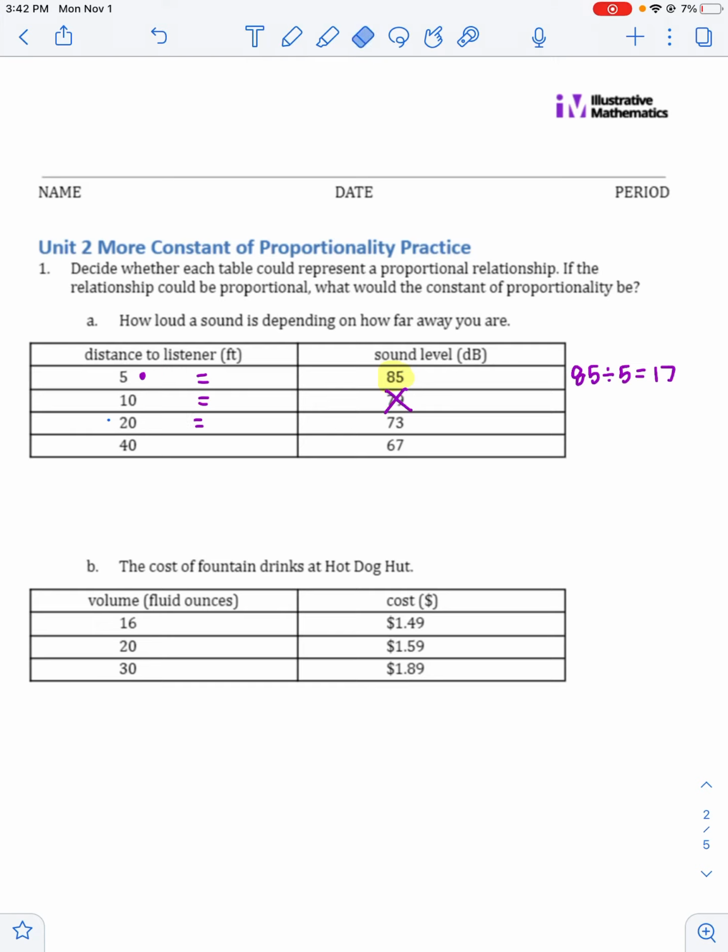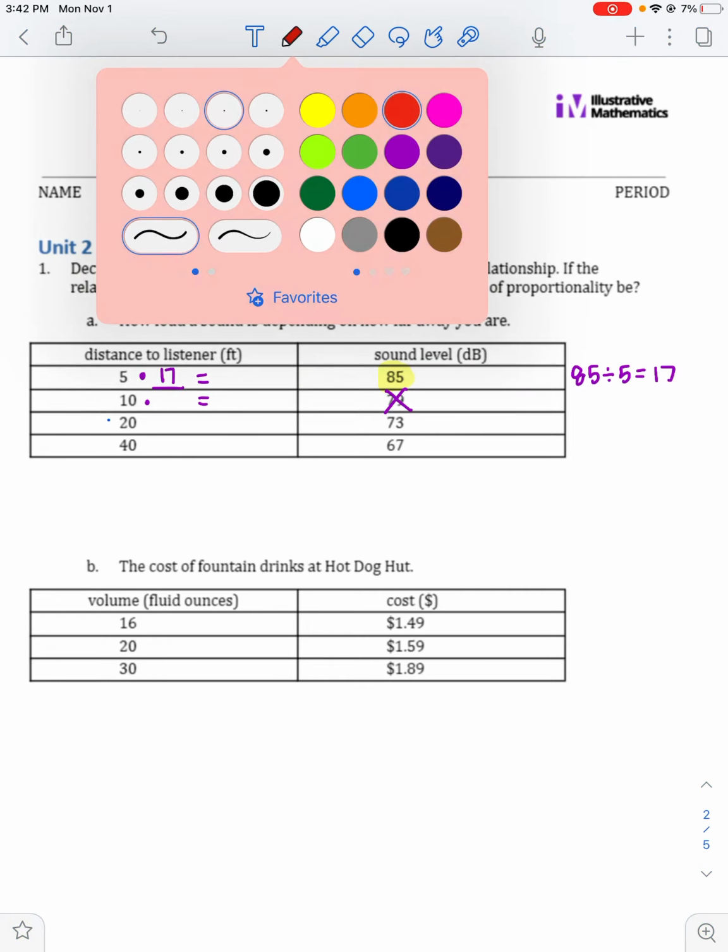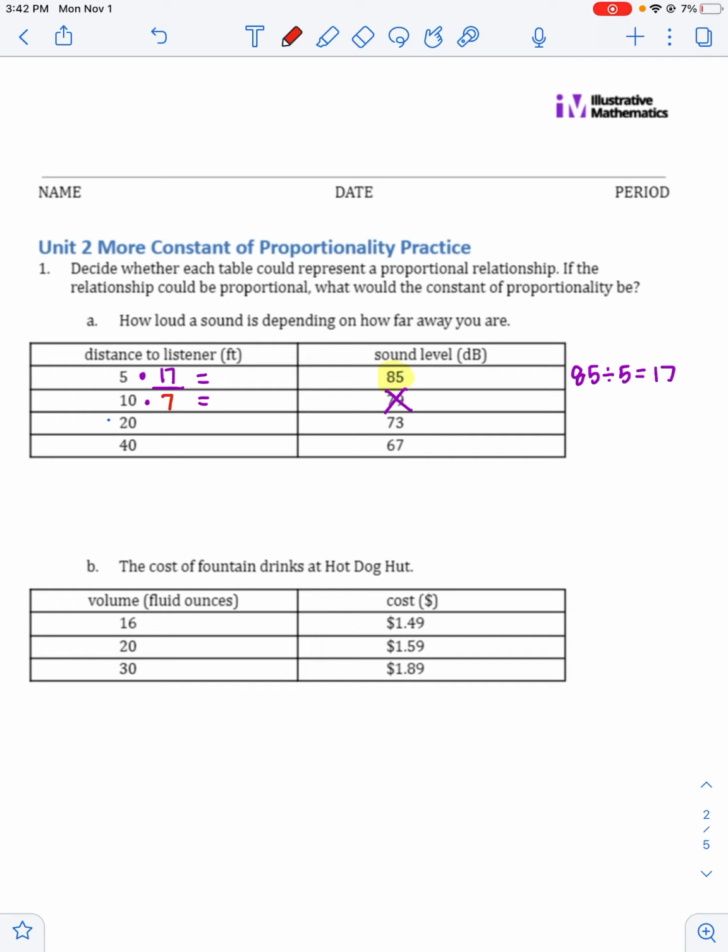And in fact, 10 times 7.9 is actually what's equal to 79. So I can see that in this table, I do not have a proportional relationship. And the reason why is because there is no constant of proportionality.